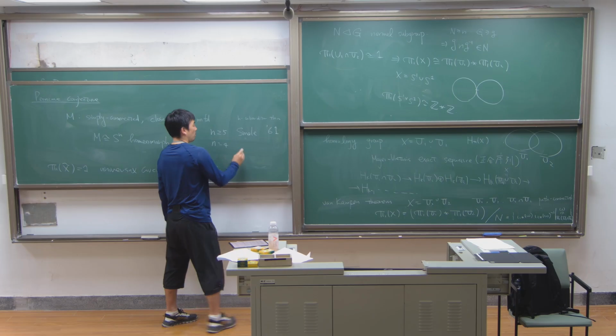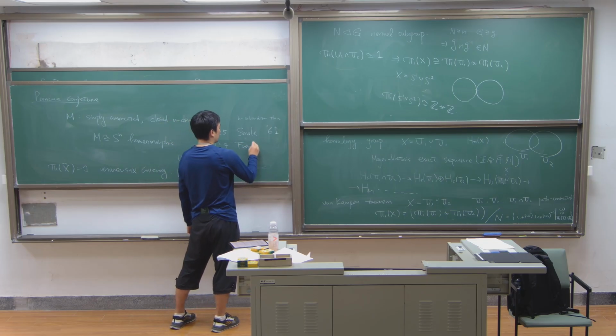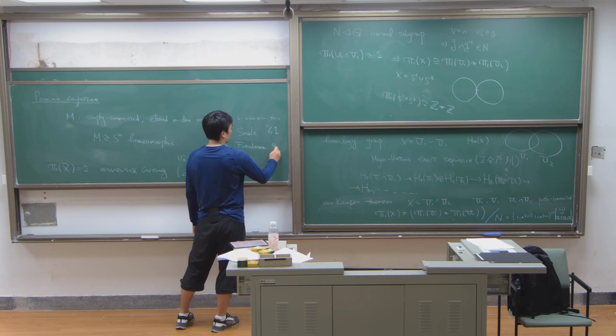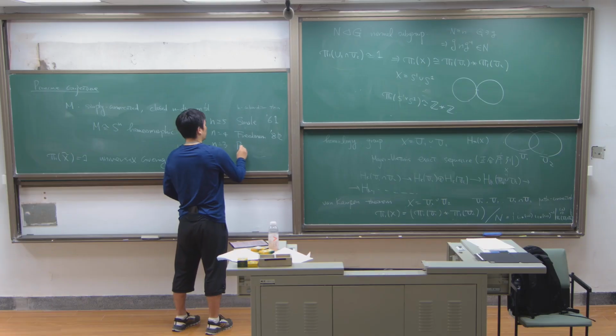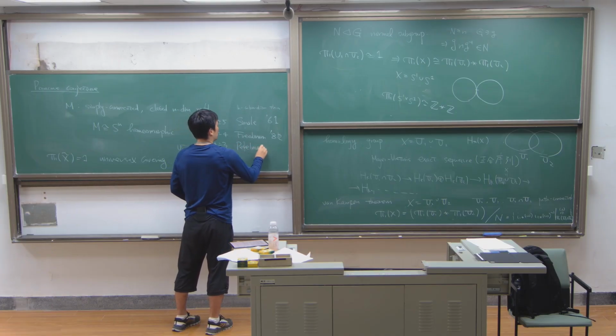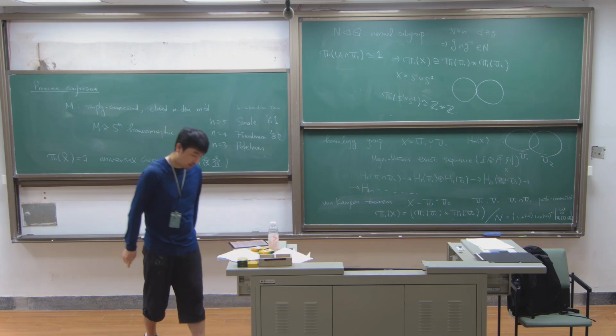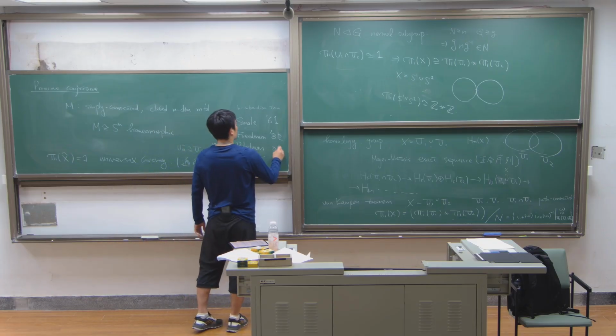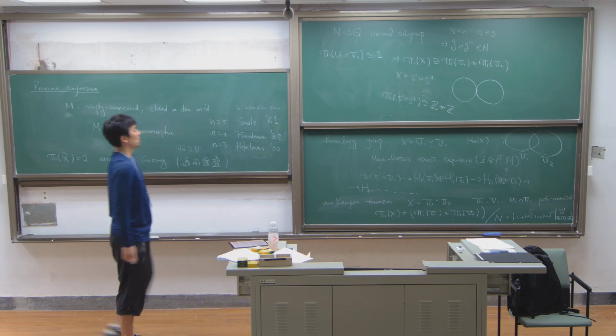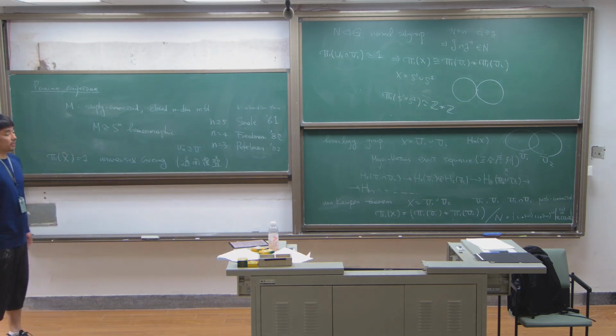N equal to 4, Freedman. And n equal to 3 is Perelman, I forgot, around 2002, by using something called Ricci flow and so on.